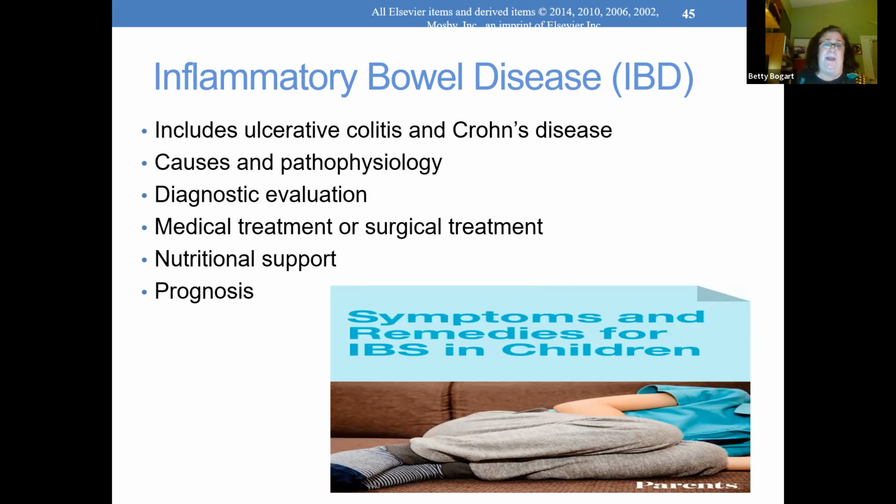They could be placed on some sort of immunosuppressive to stop the body from irritating itself. But diet is one of the big things. They need to be on a diet that keeps their abdomen calm and prevent it from getting irritated. And prognosis is good as long as they're going to be taking care of their diet and do their medical management the way it should.